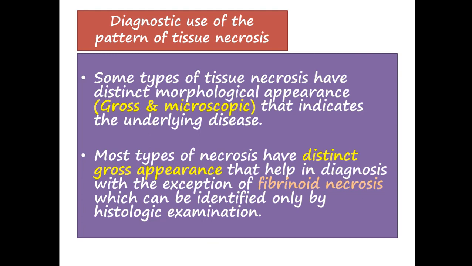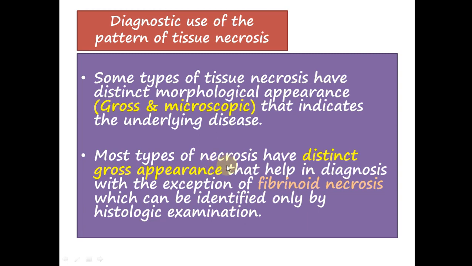Now some types of tissue necrotic cell death give a particular gross and microscopic appearance, and that may help us in the diagnosis of the underlying disease. Most types of necrosis have a distinct gross appearance, and they give us a clue to a particular disease even with the naked eye.